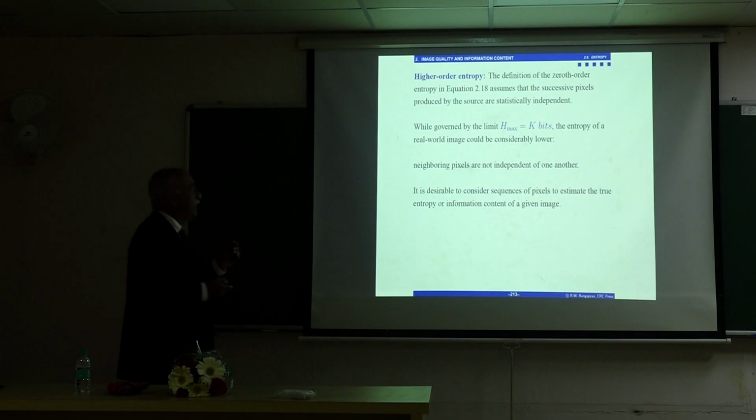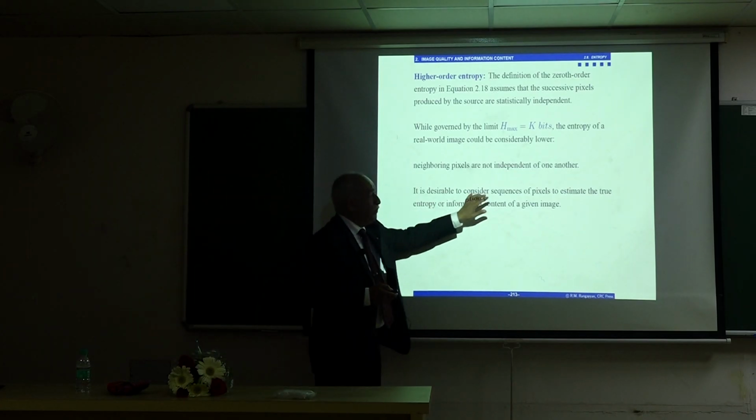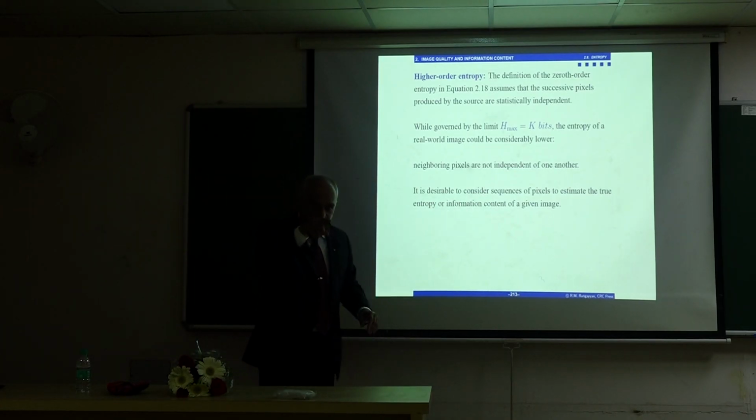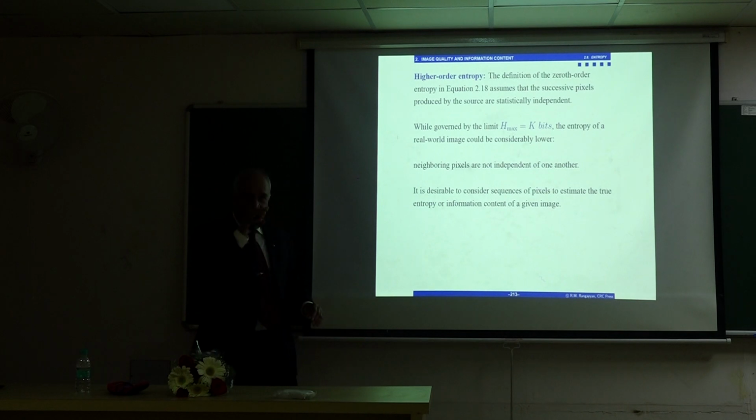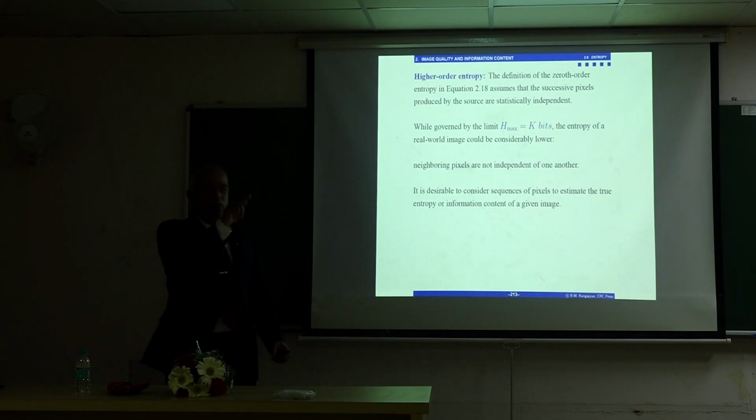And how do you get that? You consider sequences of pixels. You take a number of pixels together and look at their joint probability of occurrence. How are these pixels arranged? It's up to you. You can take in a straight line, 1, 2, 3, 4, and so on, or you can take a neighborhood, 1, 2, 3, 4, 5, 6, 7, 8, 9, in a 3 by 3 neighborhood.